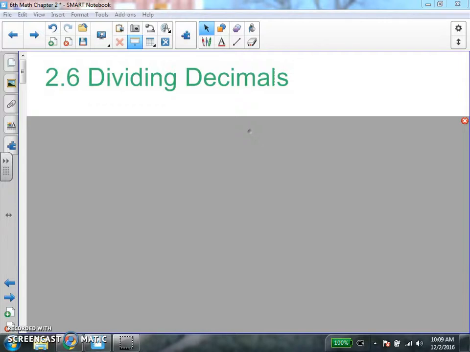What I'm going to ask you right away is the question that I get most often in math class. Mr. Gillis, when am I going to use this? Dividing decimals can be used in everyday problems, specifically in a money problem. You know that money has decimal places behind it. Here's an example.